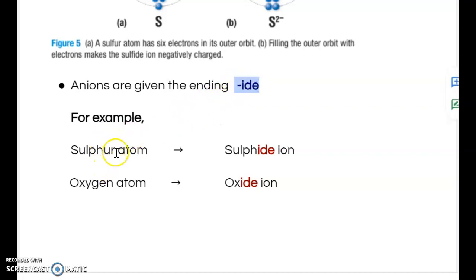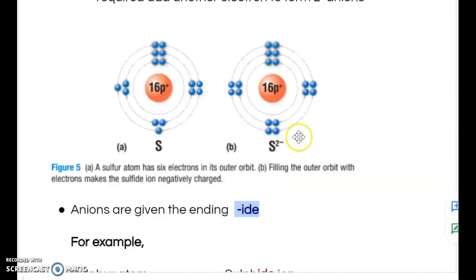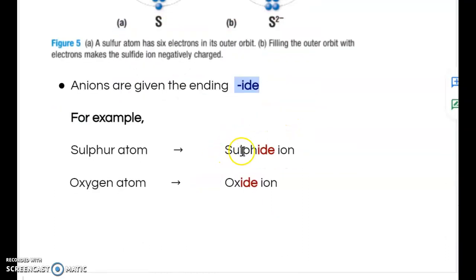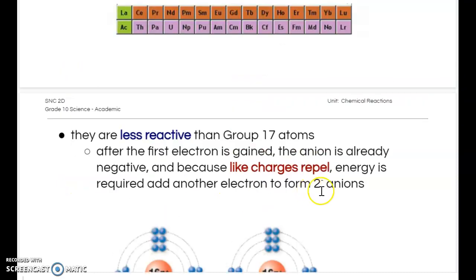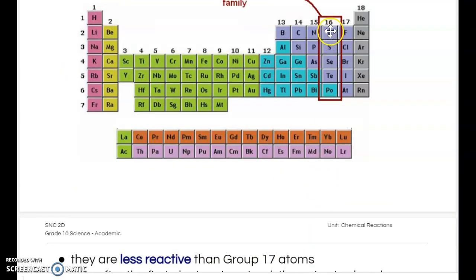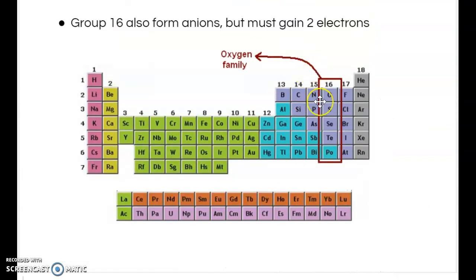For example, a sulfur atom gains 2 electrons, becomes sulfur -2, and then it becomes a sulfide ion. Oxygen, if we look up here, is above sulfur, so it's group 16. To get to group 18, it needs to gain 2 electrons.